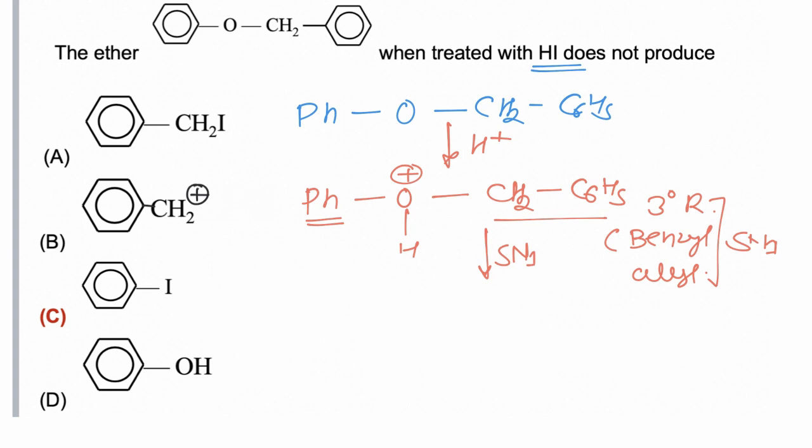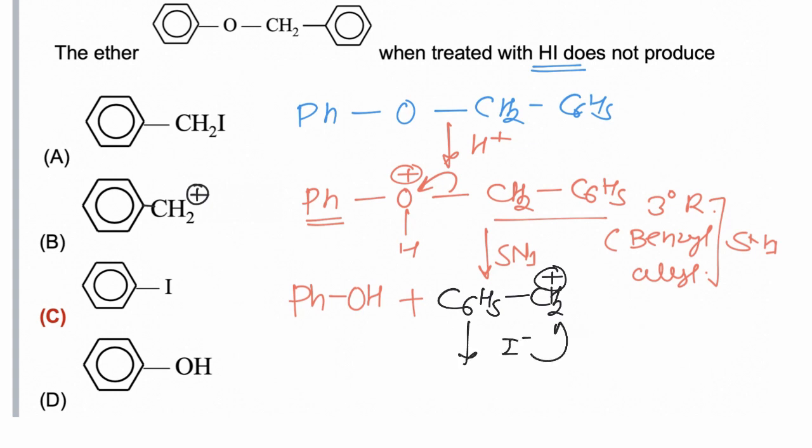So after the SN1 mechanism, electrons shift towards oxygen and a benzyl carbocation is formed. So PhOH plus benzyl carbocation is formed, in which the benzyl ion will again combine with I negative and convert to C6H5CH2I.